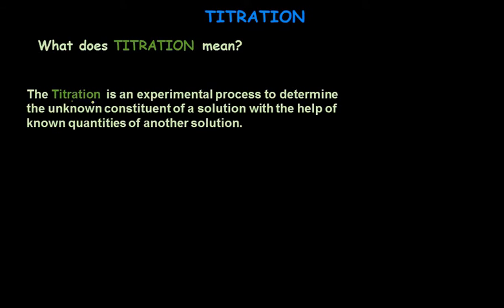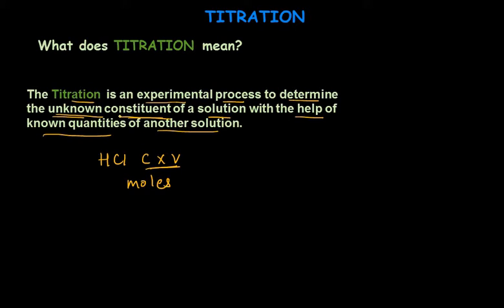Titration is an experimental process to determine the unknown constituent of a solution with the help of a known quantity of another solution. Now, what do we mean by the unknown constituents of a solution? For example, if we have a solution, say hydrochloric acid, we know the concentration and volume of that solution, but we don't know the moles.